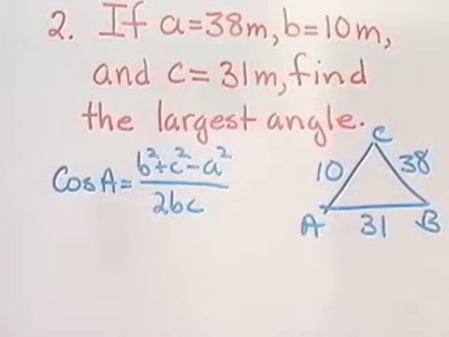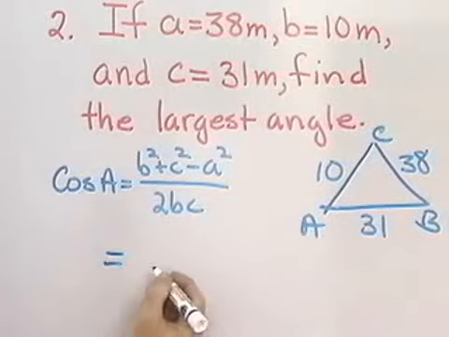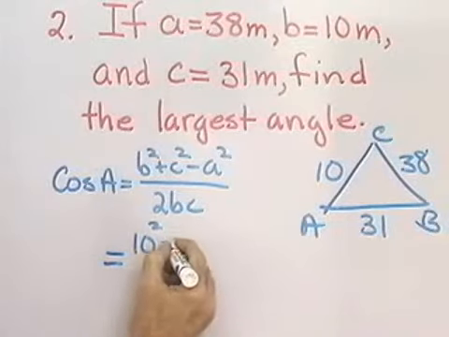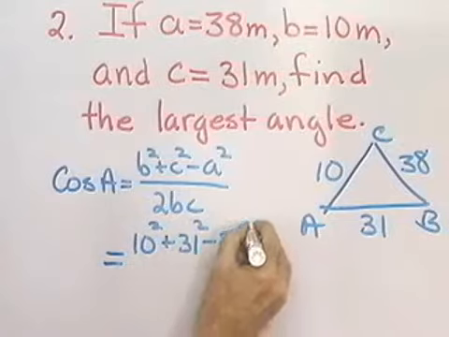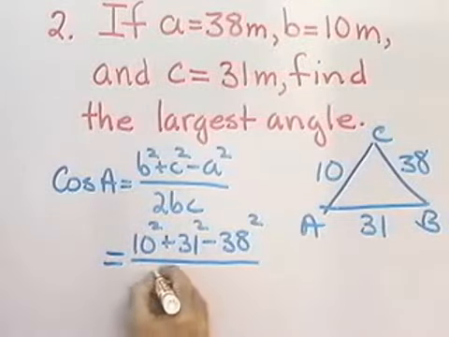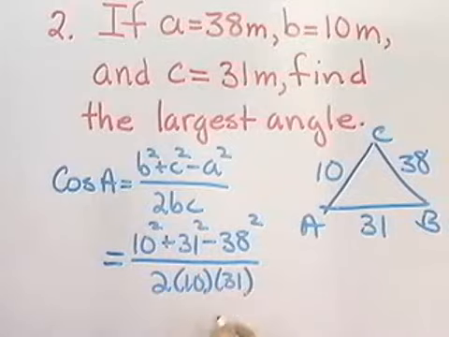So according to the law of cosines, I can write the formula that way to solve for angle A. Let's substitute in now, and I'll have 10 squared plus 31 squared minus 38 squared, all divided by 2 times 10 times 31. I've worked that out on a calculator.